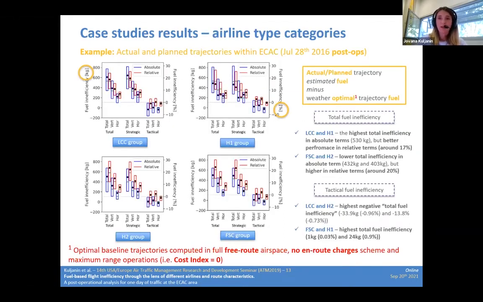This figure here shows the result of the fuel inefficiency in absolute and relative terms across the 4 different airlines. The optimal trajectory is constrained to full free route airspace and cost index 0.